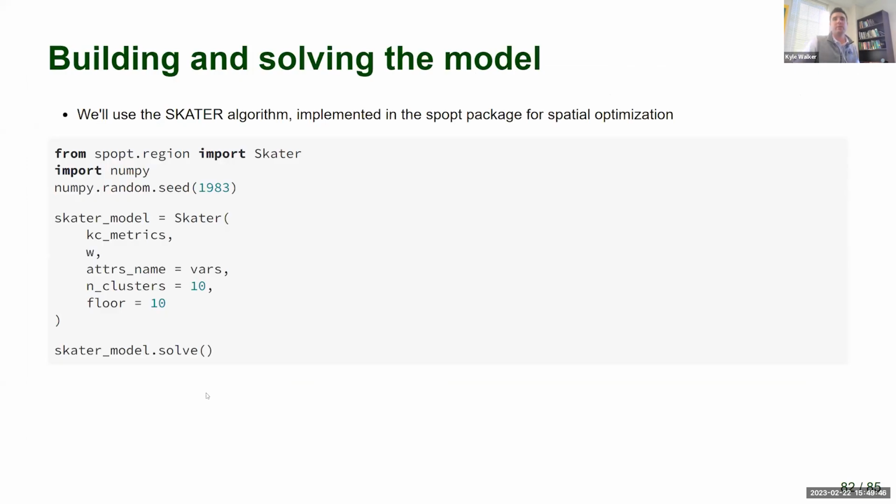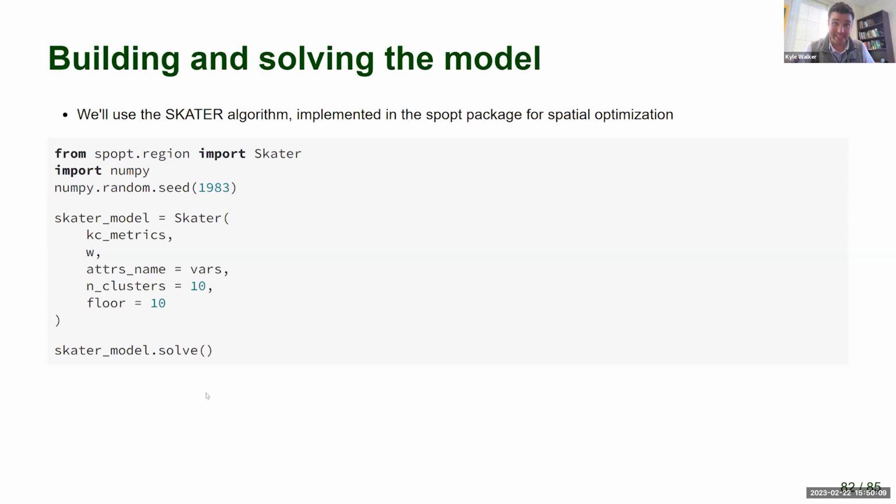Once we do that, we can implement a regionalization algorithm. And there are actually several regionalization algorithms implemented in spopt. Some of which you get to specify the number of regions beforehand. We're using the Skater algorithm, which is the same one I use in my book, to do that. And in this one, you do specify the number of regions.